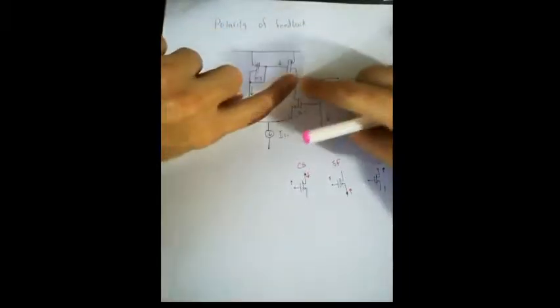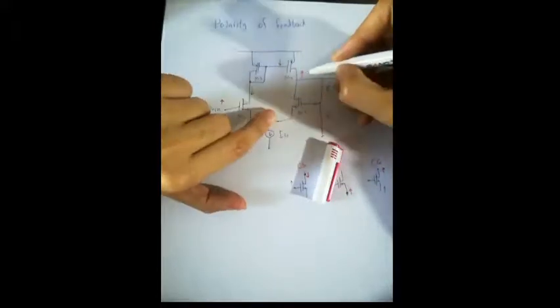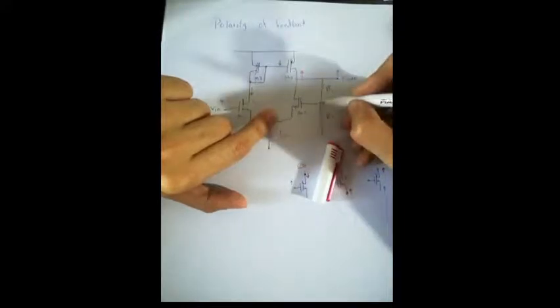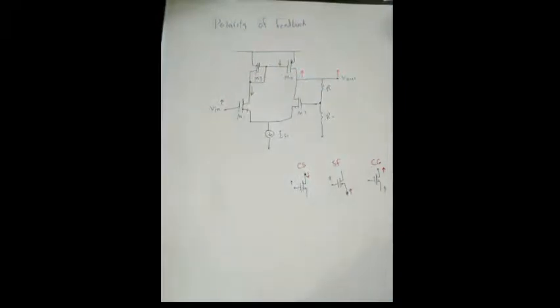Now we are applying the input at this gate and taking the output from the drain. This is again a common source, so we expect this point to go up because it's an inverting amplifier. Once this goes up, this means that the output is going up because it's a similar node. Now once the output goes up, what's going to happen to this node here? Since it's a voltage divider, it's also going to go up.